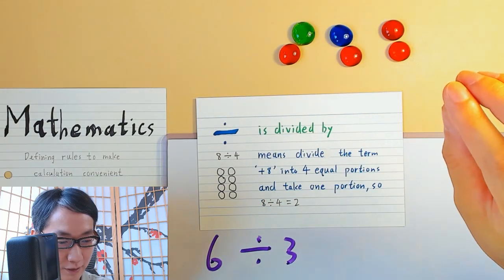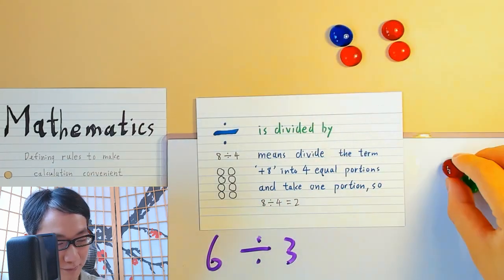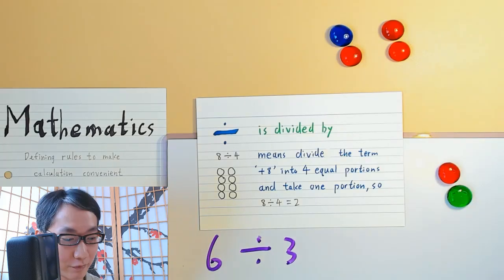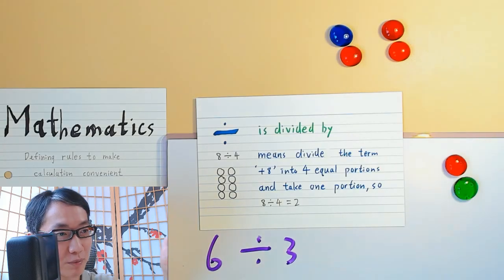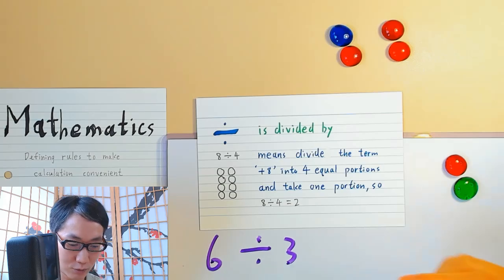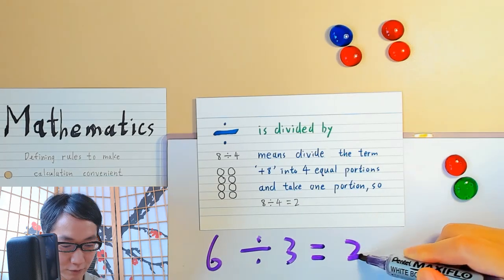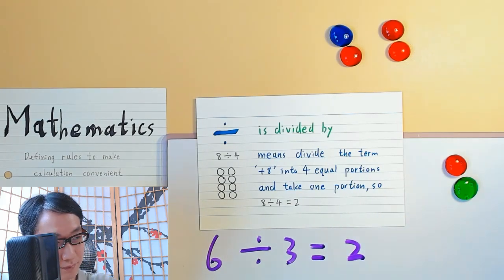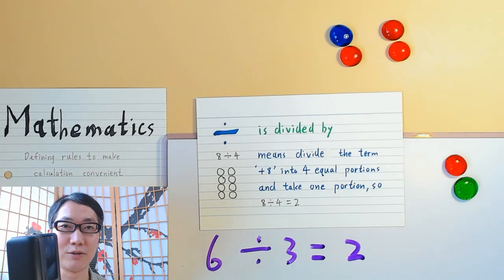I will take this one. And then I have 2 again. 6 divided by 3 will be positive 2. So this is what division means.